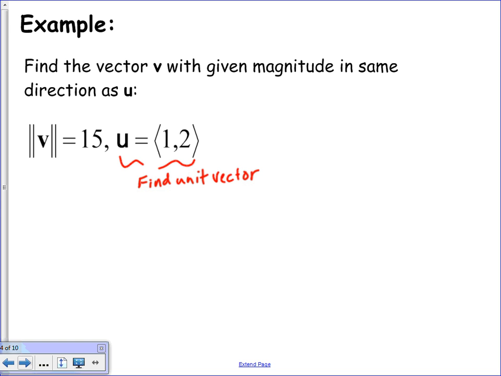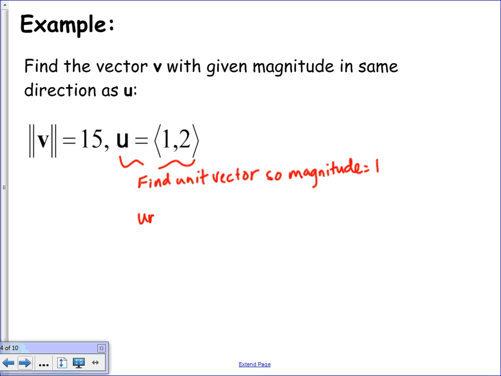And then we could just use scalar multiplication, multiply that unit vector by 15, and now we have a magnitude of 15. So it's figuring out how you can use the small pieces of what we talked about yesterday to answer the question today. So I'm going to find the unit vector, so the magnitude is 1.